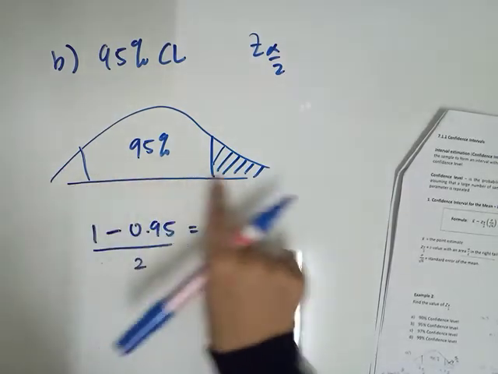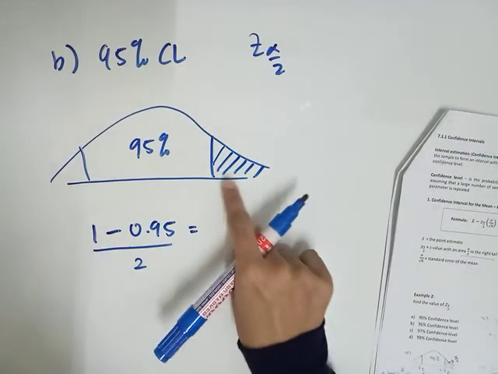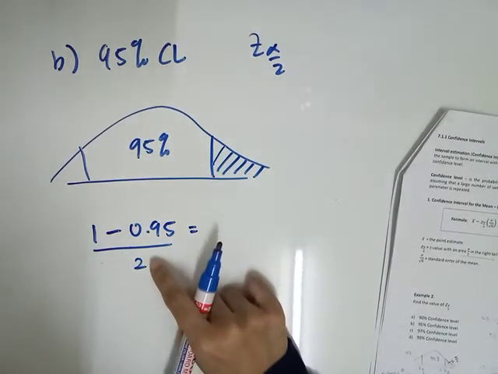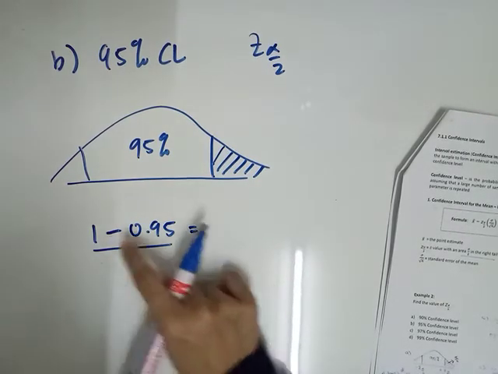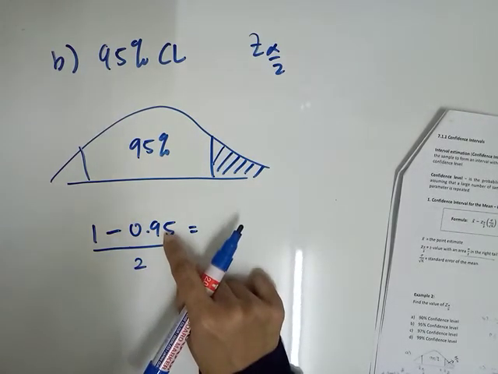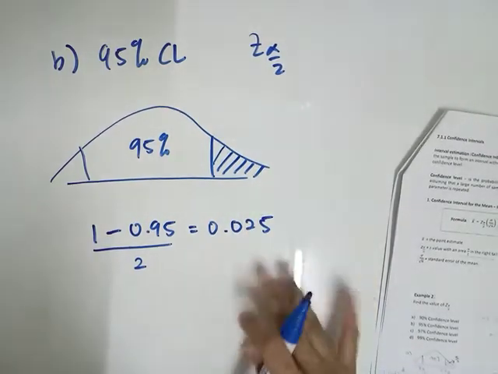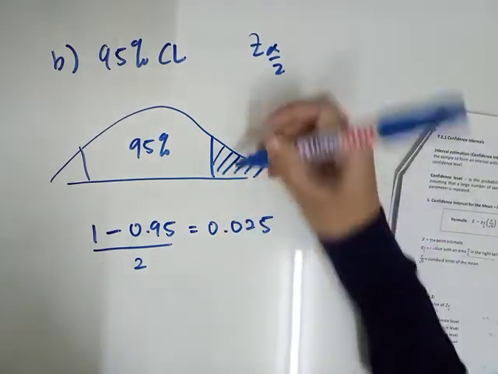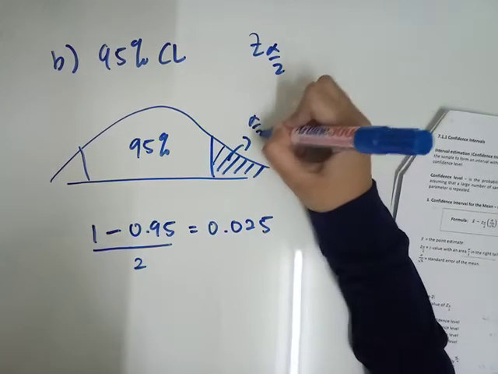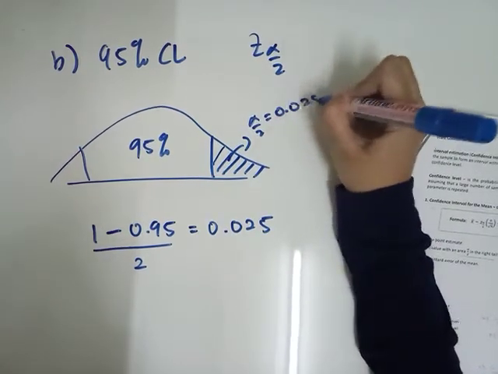We have two tails here, left and right, but we only need the right tail. So 1 minus 0.95 divided by 2 gives 0.025. This is the alpha over 2 area, which is 0.025.